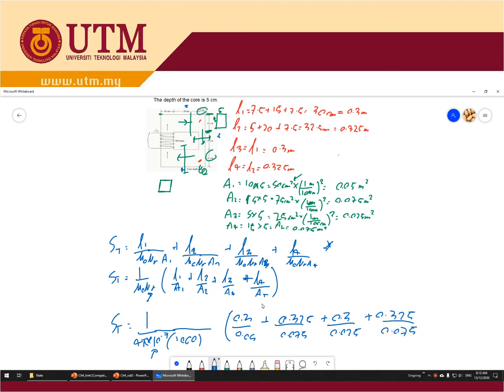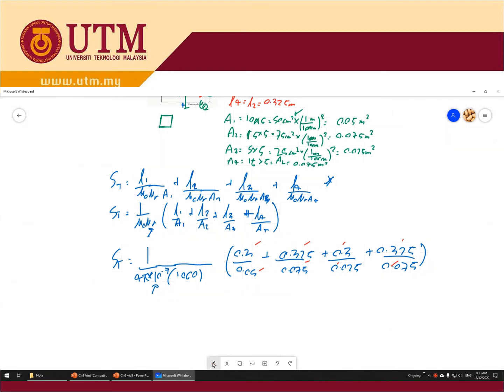So check first, make sure all the values are correct. Okay, so this one is correct. Make sure you check carefully because it involves a lot of numbers.